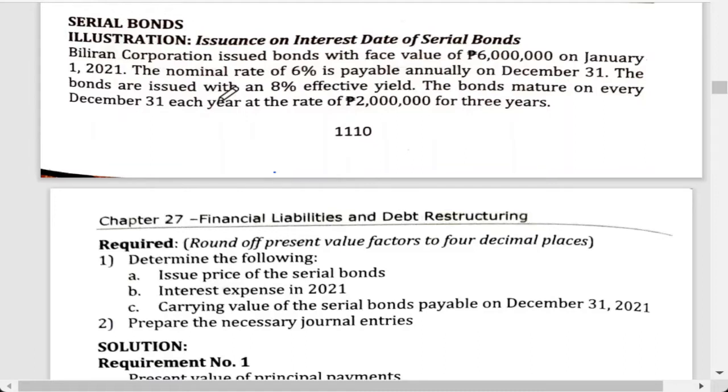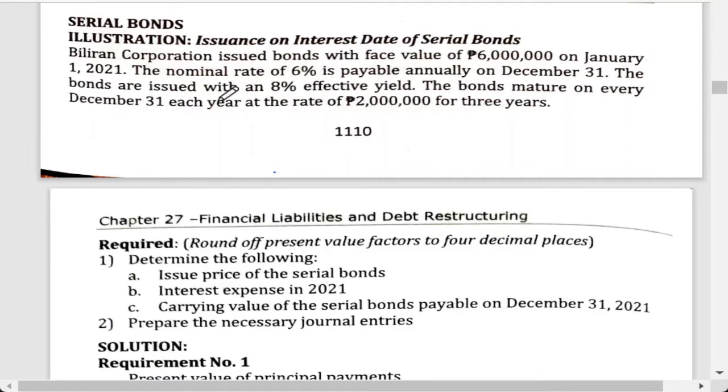Just like the term bonds, the intervals or the frequency of payment of the principal does not necessarily coincide with the frequency of payments of the interest. So, pwede na dili sila pareho.